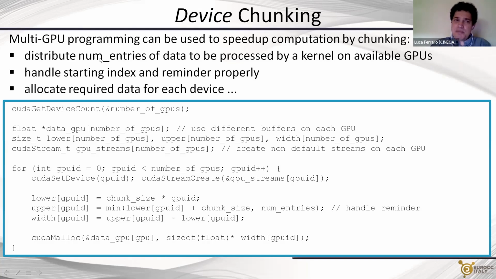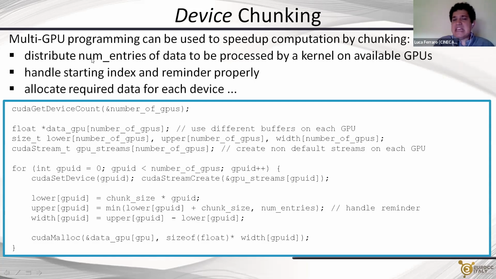So you can distribute the entries of data to be processed by a kernel on all available GPUs. Of course, you have to keep track of the starting index and end index of the host data that should be assigned to GPU 0, which other data should be assigned to GPU 1, and so on.